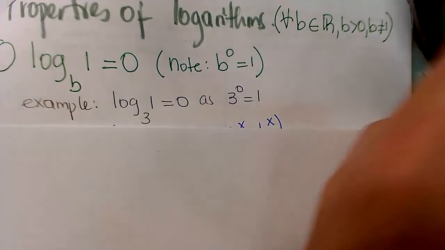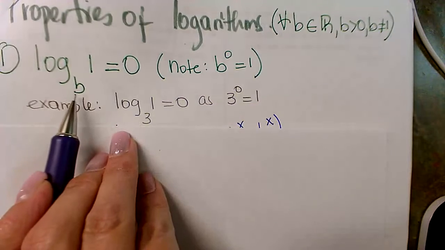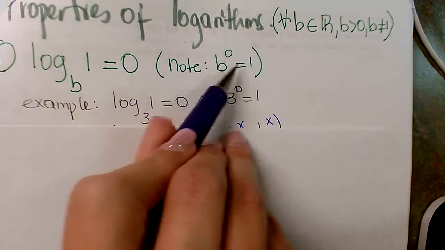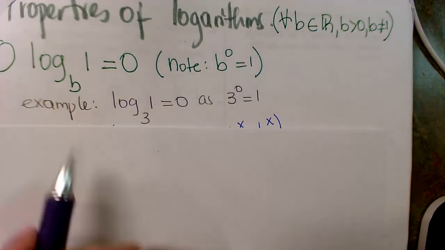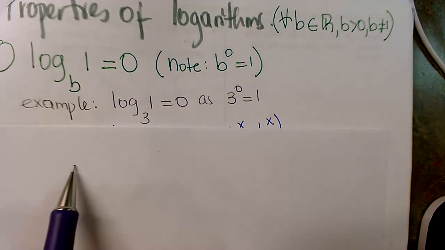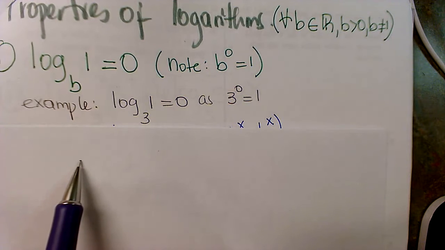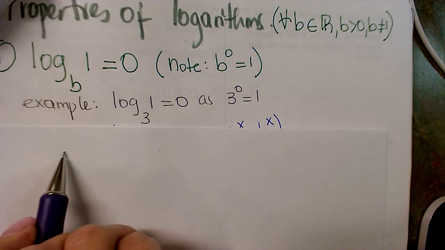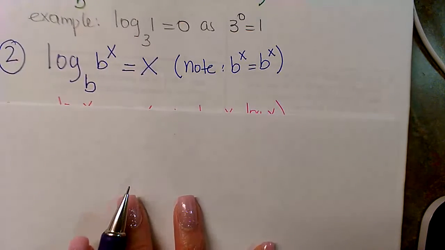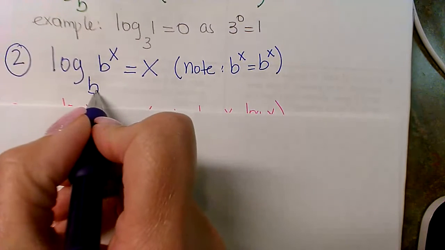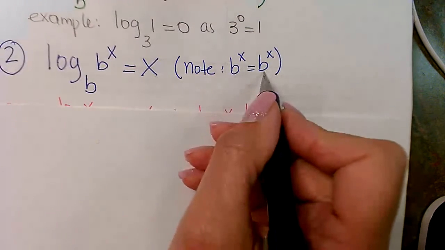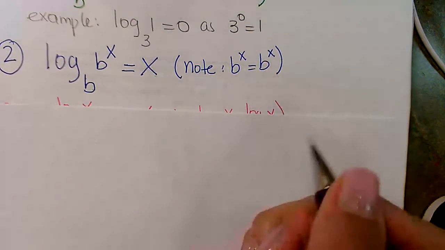So when we have this base to the 0 power, they give us a 1. 3 to the 0 power, we get the 1. Okay, the next one. Base b. b would be my base. Base b to the log base b of x is equal to x.